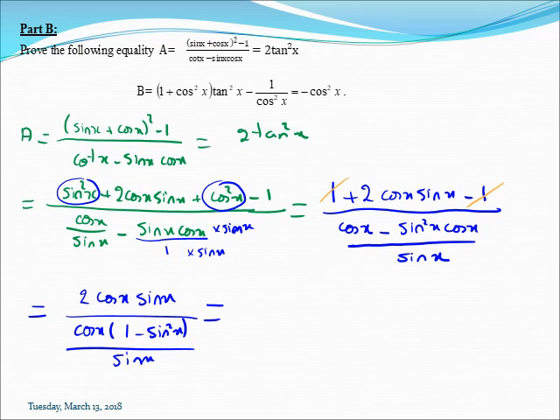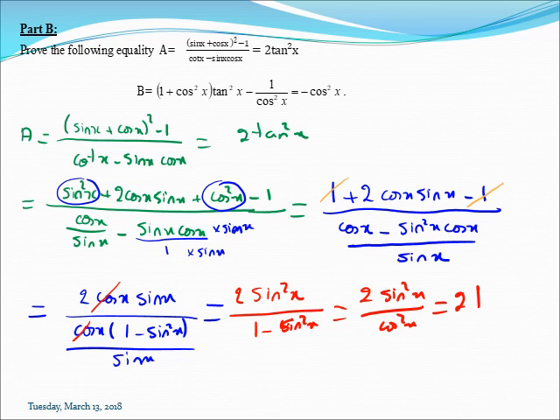Then it is equal to sine square x over 1 minus sine square x, which is sine square x over cosine square x, equal to tangent square x.